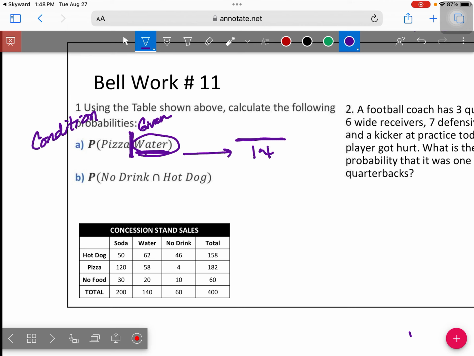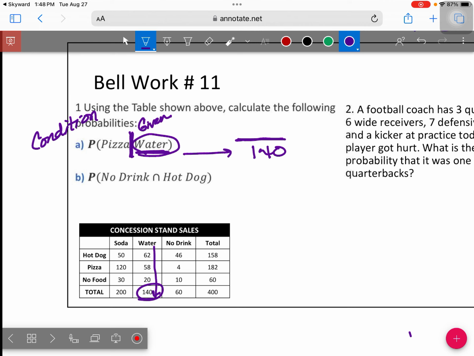140. So we want all the water. That is your new denominator. So as soon as you see that vertical line, turn it into the horizontal line. Whatever follows it becomes your denominator. Got it? All right. Pizza.